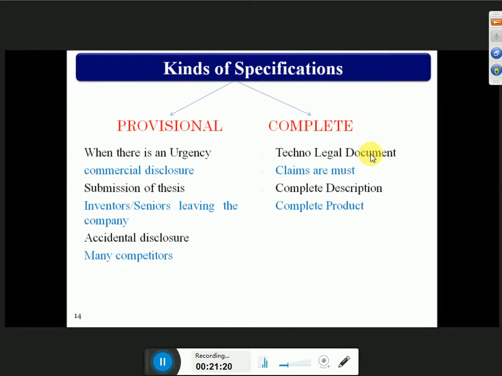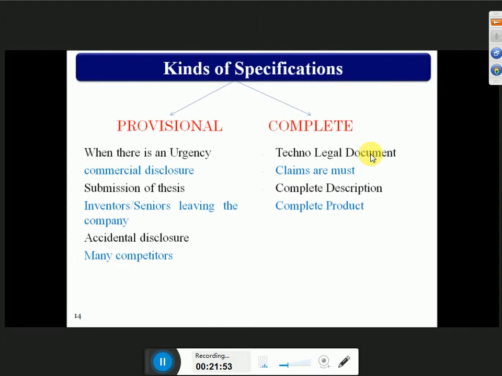In between, if your idea deviates somewhere and your product is not equal to what you described in the provisional application, you can always file a complete application wherein you disclose everything you have done. You have your product, and you can claim some basic points. For example, we claimed the camera operation, and we claimed the use of the microprocessor inside the pen.